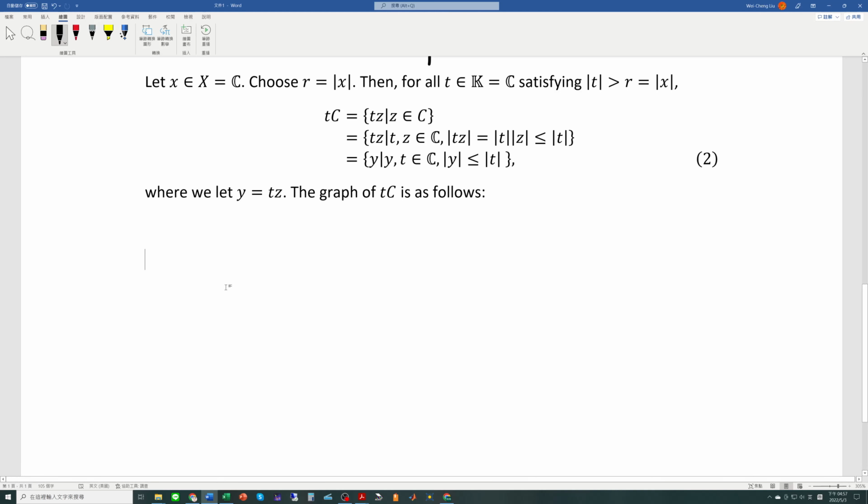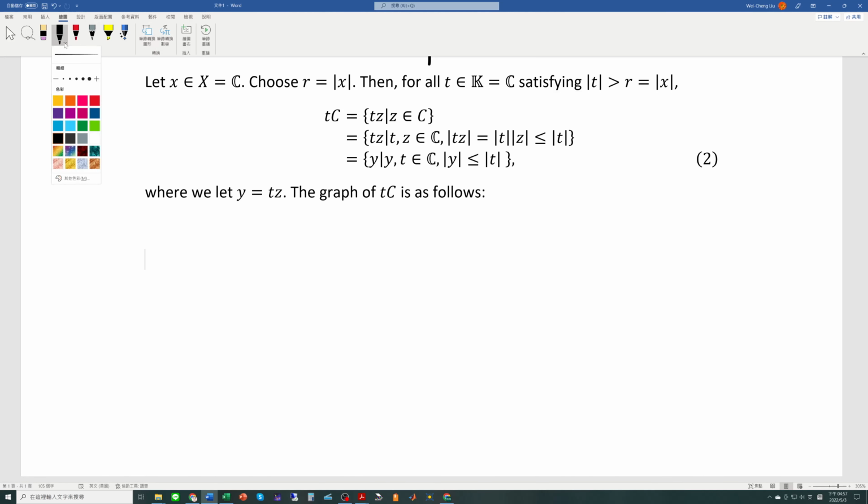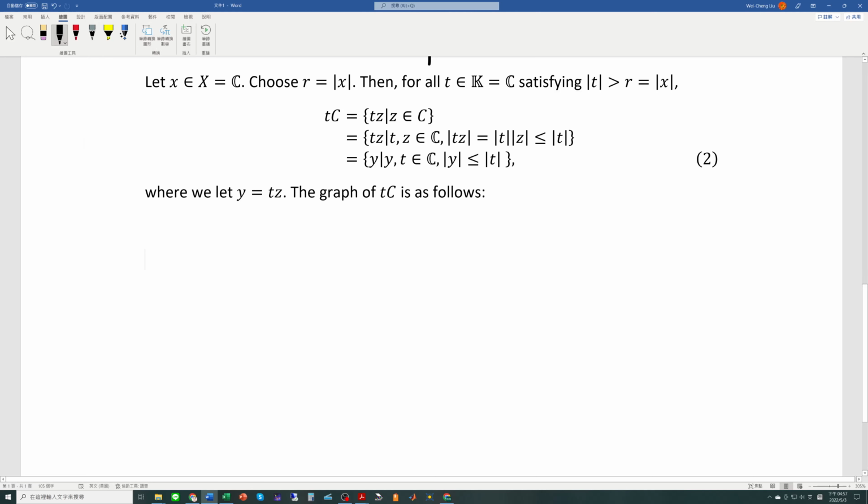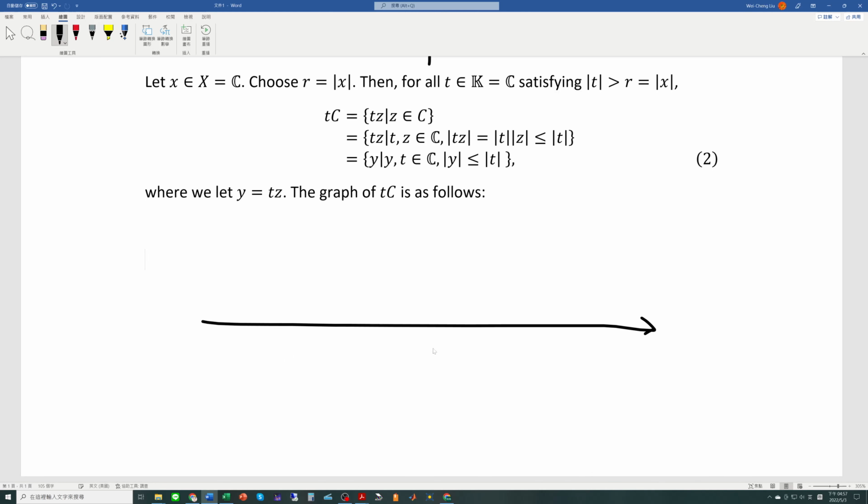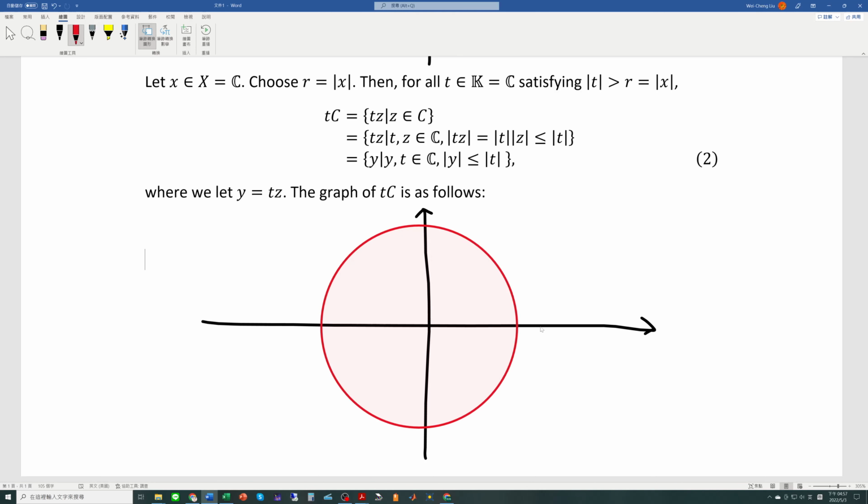So let me draw a line here. Draw a line. Good. Draw an arrow here. And let me draw a disk here, like this.